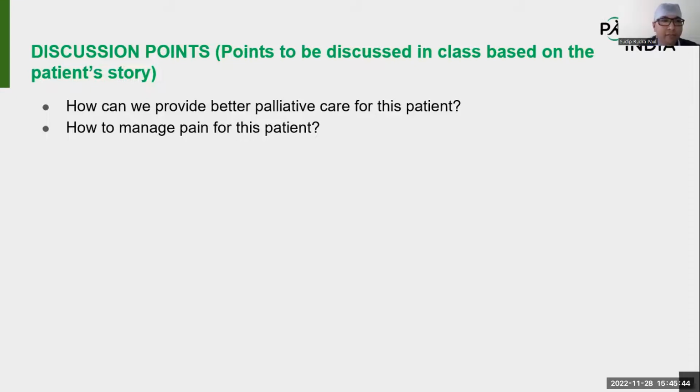So basically, one question is how can we provide better palliative care for this patient? If we see the patient and the family as a whole, there are four components we have to consider: physical, psychological, social, and spiritual. Physically, the patient is worried that he doesn't want to be on oxygen for a very long time.